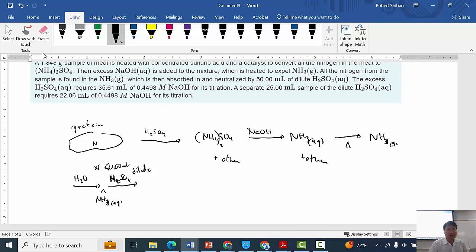The excess H2SO4 requires, okay, and so what that's going to form is ammonium sulfate again, plus leftover H2SO4.